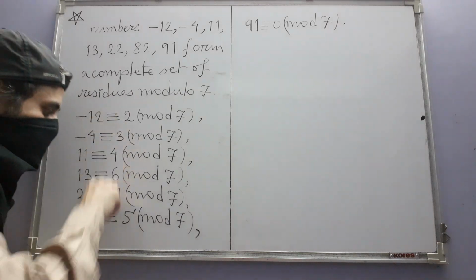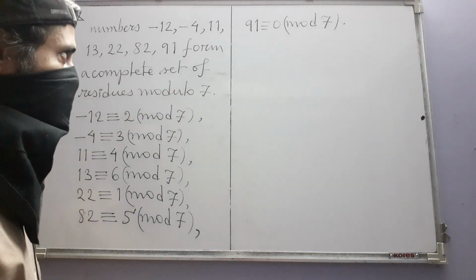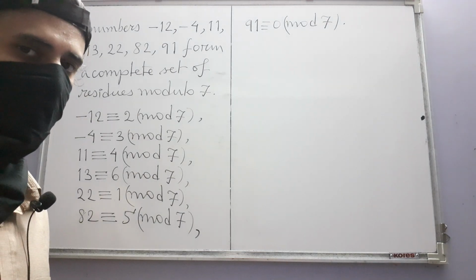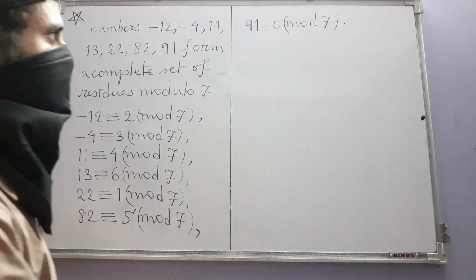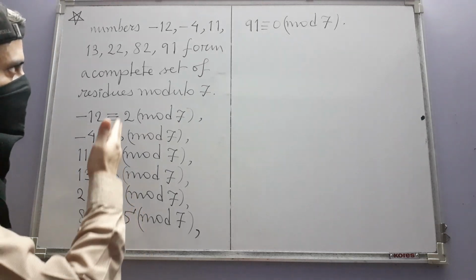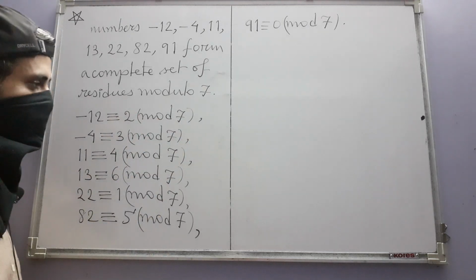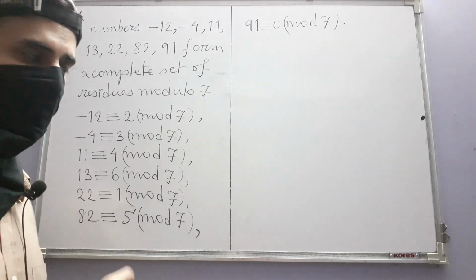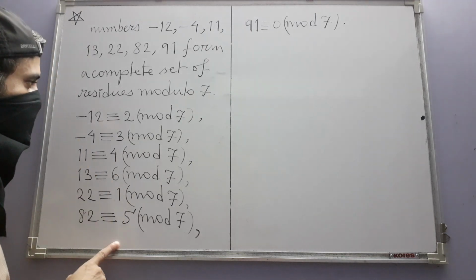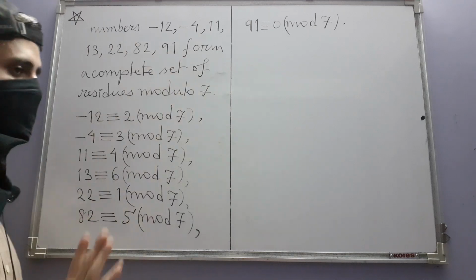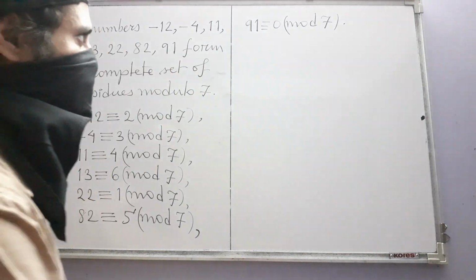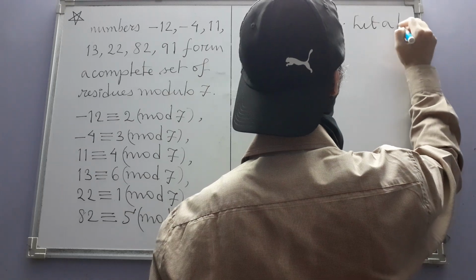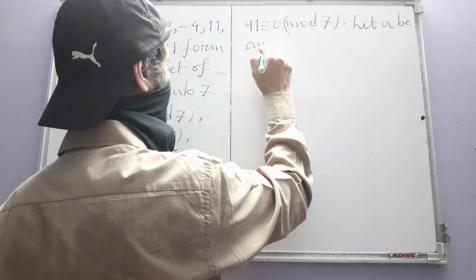How do these congruences tell us that this is a complete set of residues modulo 7? See, this is how it works. To show that it's a complete set of residues mod 7, what is it that you have to show? You take any integer and show that that integer is congruent to exactly one of these numbers modulo 7. So let me take any integer. Let a be any integer.